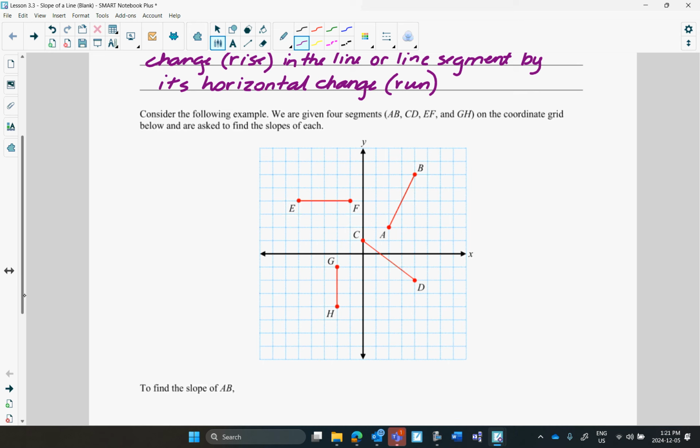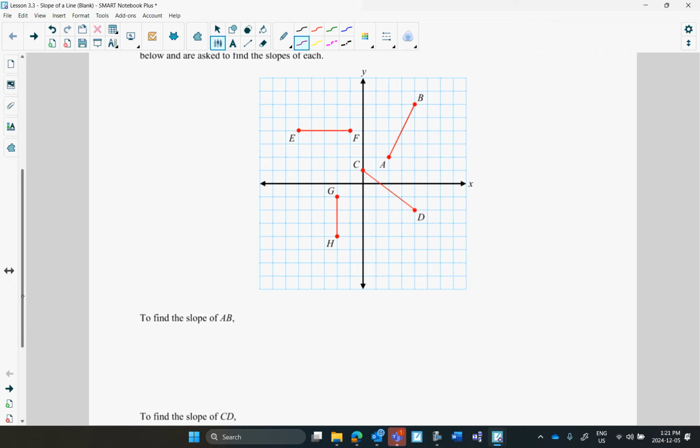So let's look at AB. And usually to find the slope, we want to find the vertical change divided by the horizontal change. So from A to B, what's the vertical change to get from A to B? How much do I have to go up or down? 5, that takes me up here. 4.